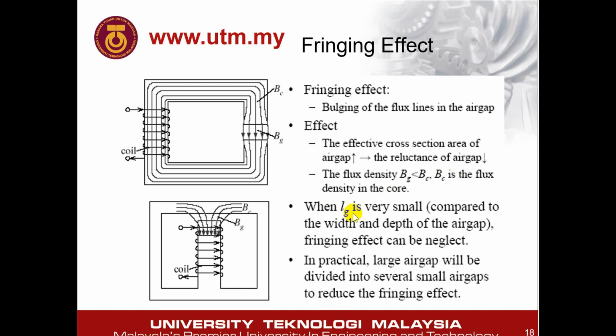You have to know that the fringing effect can be neglected if the gap is small, but in practice the gap is large. How to solve this fringing effect if you need a large air gap is that you divide it into several air gaps. Example, you add an air gap here and another, so the fringing effect can be reduced.